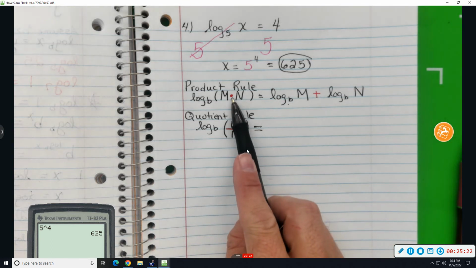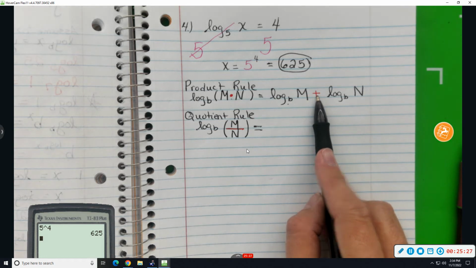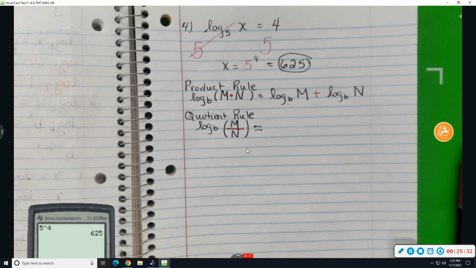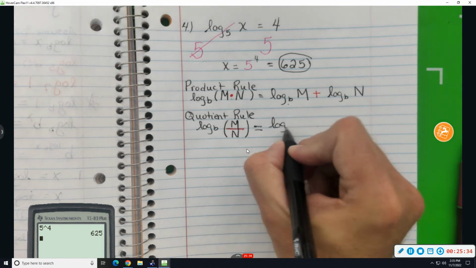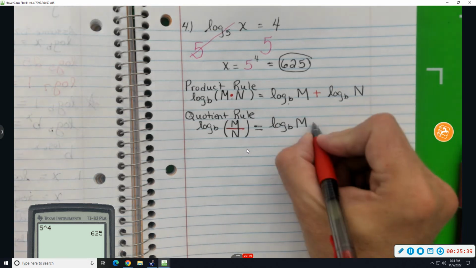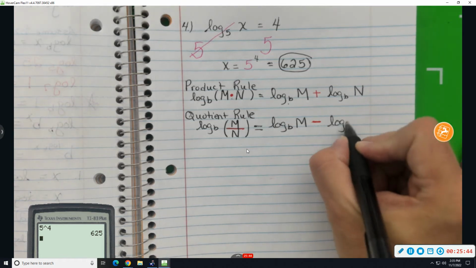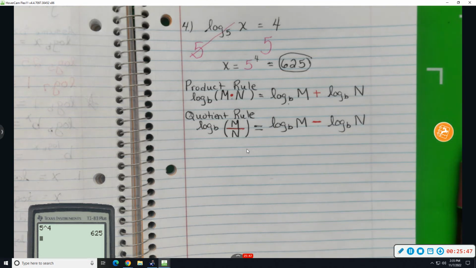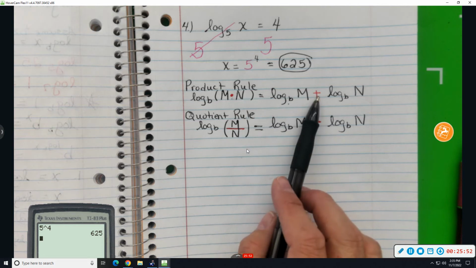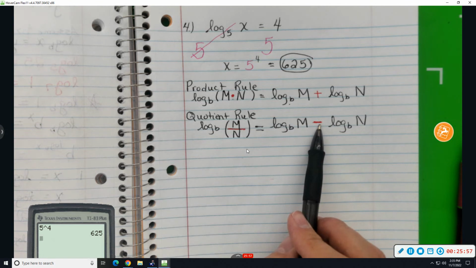If you rewrite multiplication as addition, if you had to guess, we'd rewrite division as subtraction. Log base b of m minus log base b of n. So we have the product rule, which says you can rewrite multiplication as the sum of two logarithms. You can rewrite division as subtraction.